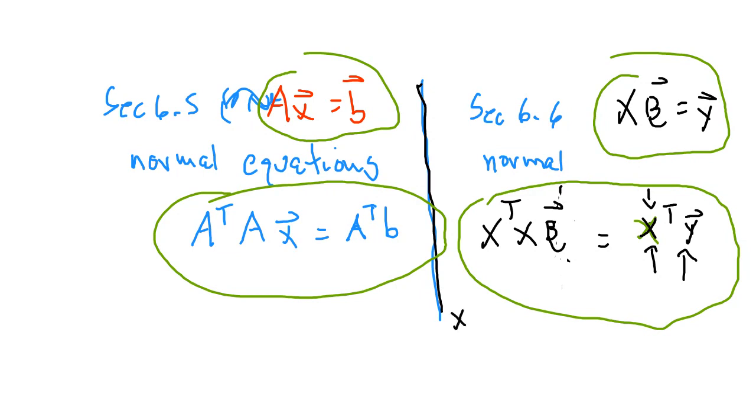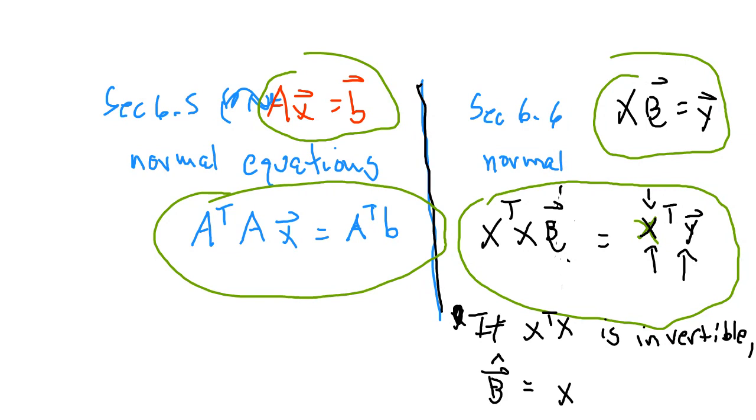So if X transpose X is invertible, thank you, Mikhail, all right, very good, then the least square solution beta hat is going to equal X transpose X inverse times X transpose B.